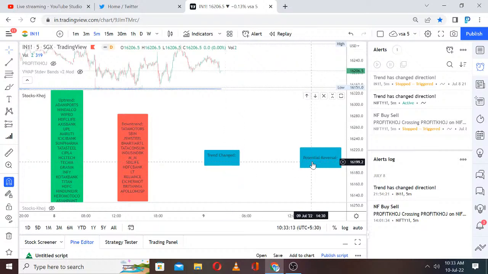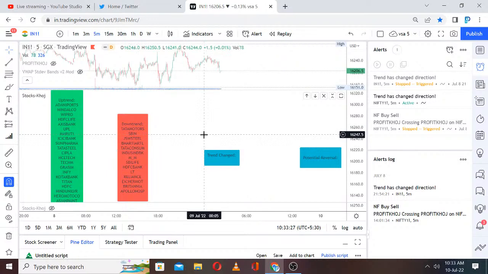Or else if the candle has not closed and it is very near to buy sell signal, this potential reversal will show that stock here. So in live market, if you want a new fresh signal, you can look at the trend change and potential reversal.